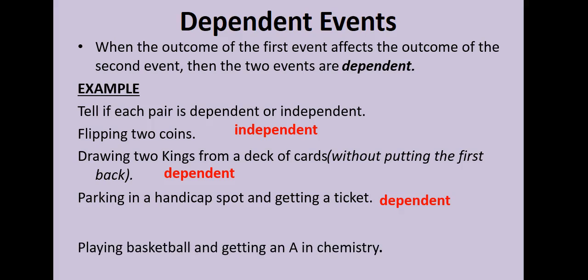Playing basketball and getting an A in chemistry. Now, this is kind of funny, but we would like to think in theory that these should have nothing to do with one another. So playing basketball and getting an A in chemistry are independent events.